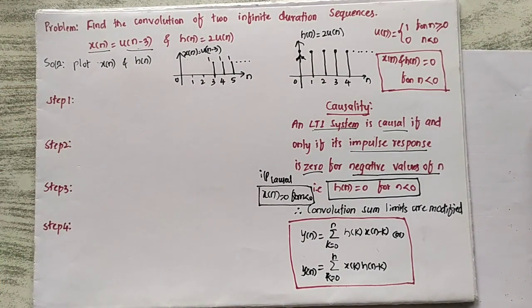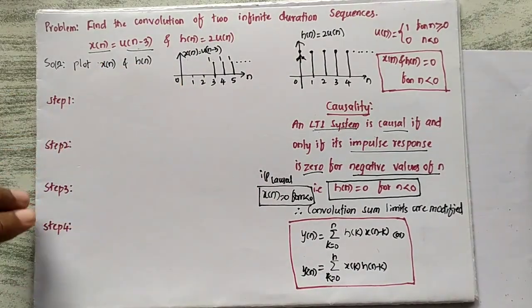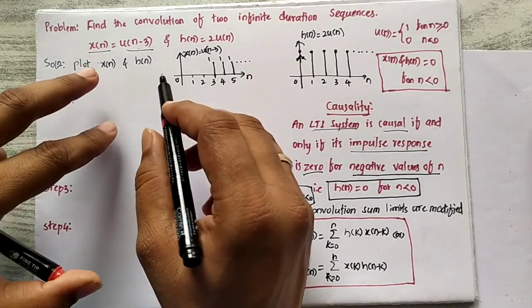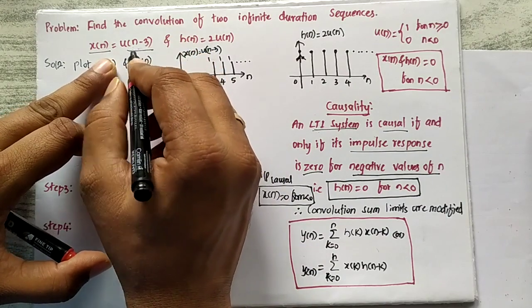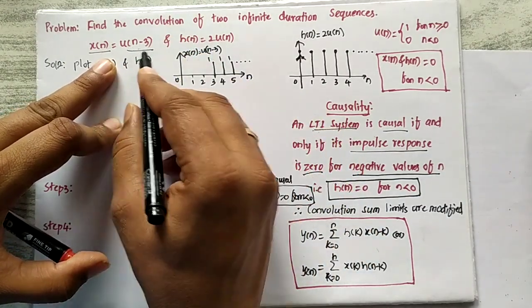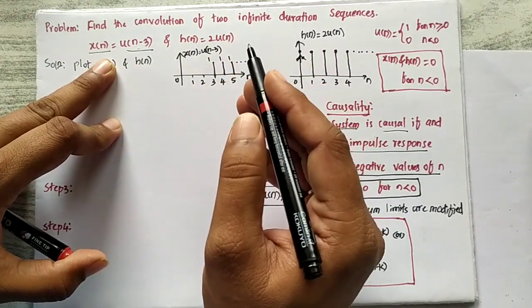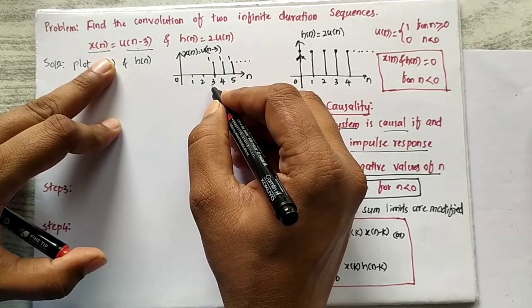Before going to the convolution sum, I will plot x of n and h of n. The plot of x of n is the shifted unit step signal. Since it is n minus 3, it will be shifted towards the right by 3 units.